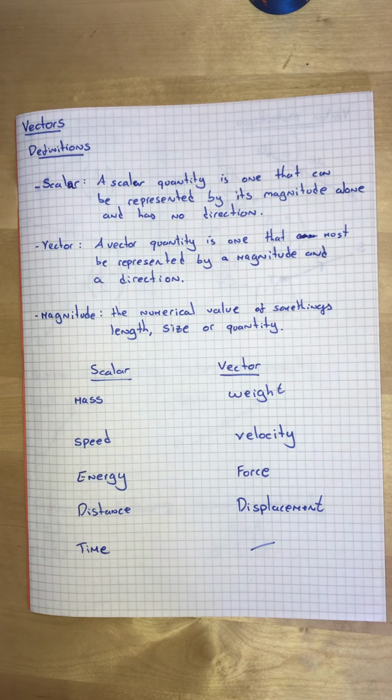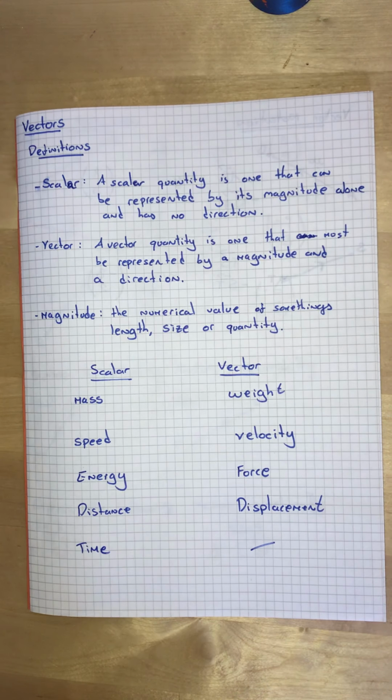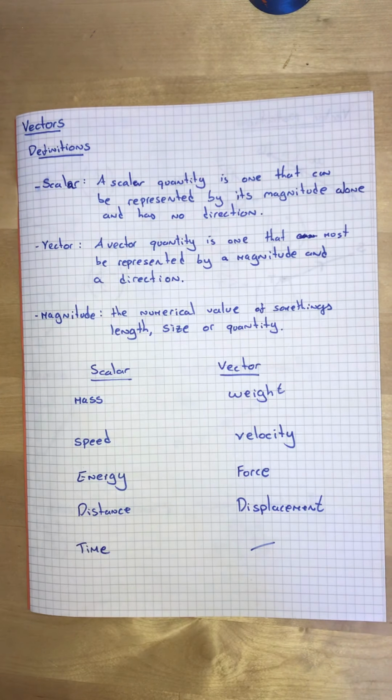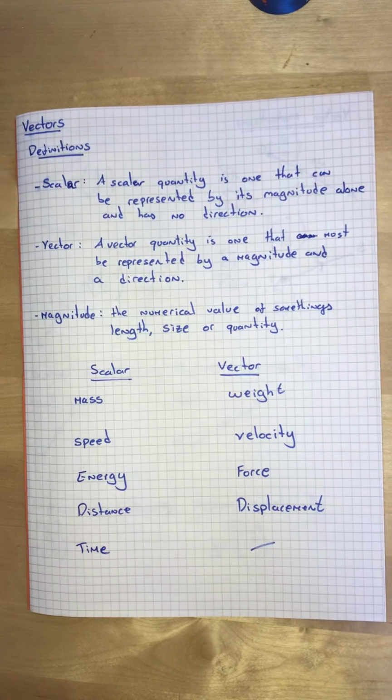And so what I've done to hopefully explain that better is give you some examples of what are considered scalars and what are considered vectors. So a scalar is an object's mass. Okay, so if you think about mass, it's the quantity of your calculator, a quantity giving how much mass there is with that object.